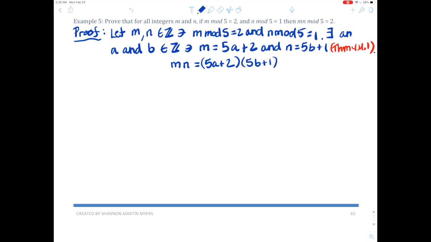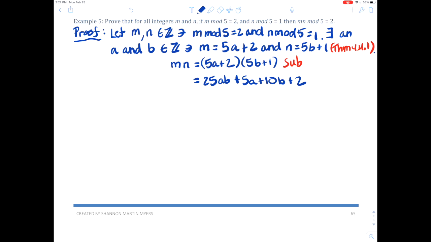So I'm just substituting what we found m to be equal to and n to be equal to. So, all right, continuing, let's see what we have. Multiply it all out, so just use some algebra properties. So I'll have 25ab, let's see, plus 5a plus 10b plus 2.